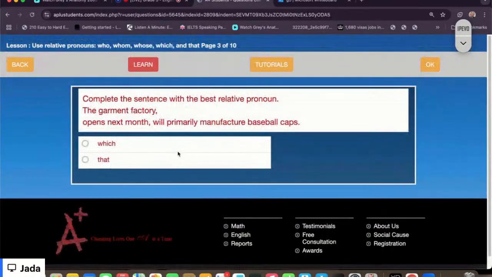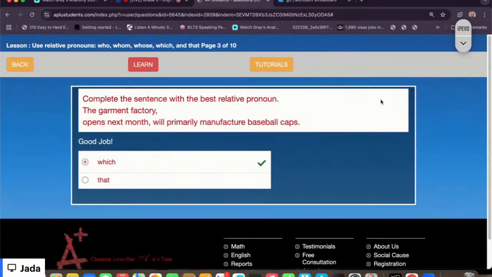The garment factory dash opens next month will primarily manufacture baseball caps. So, which opens next month?